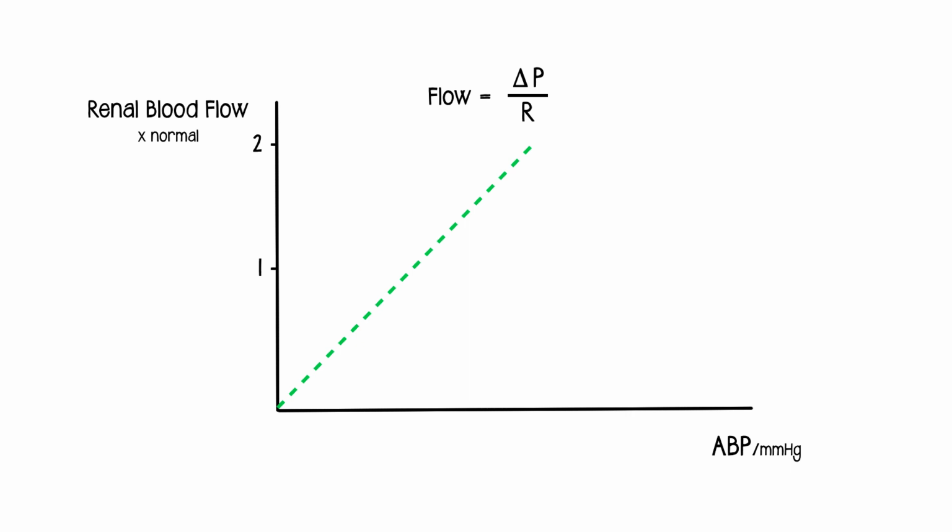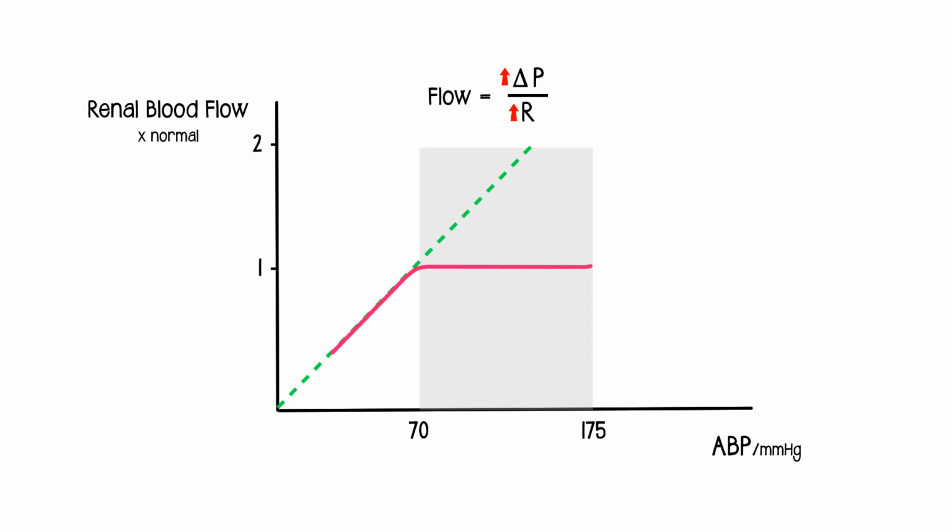However, with a working myogenic mechanism, as the arterial blood pressure goes up and the flow starts to get too high through the arteriole, it begins to constrict, the resistance rises to match the increased blood pressure, and as a result, the flow is stabilized. So you can see that in the intermediate range of normal blood pressures that we might expect, the actual flow rate is maintained remarkably stable by the myogenic mechanism.